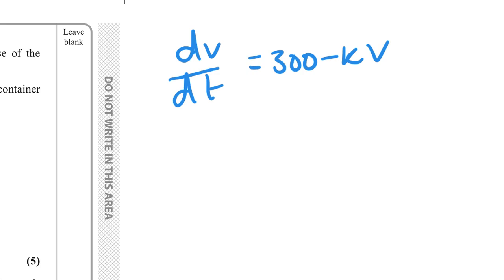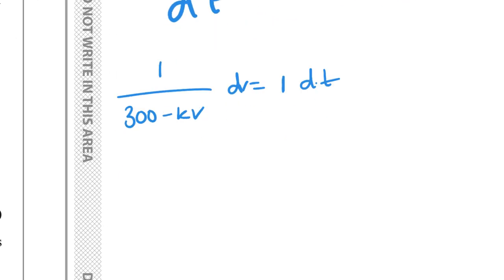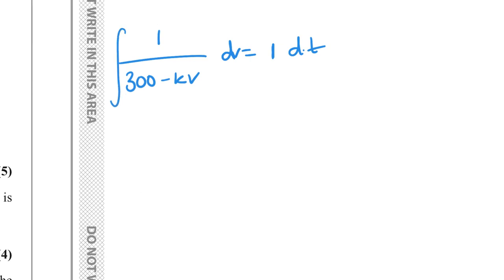So differential equations, we have to put them both over. So I'm going to have 1 over 300 minus kV dV equals dt. Okay, and technically this is 1 dt, right? So now if I integrate both sides, I'm going to get ln of 300 minus kV, and what do we do?